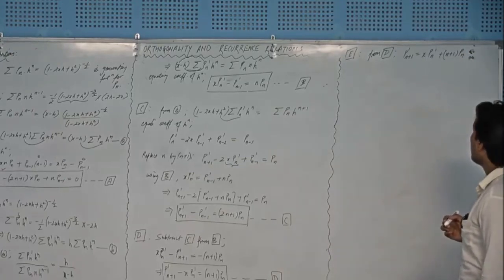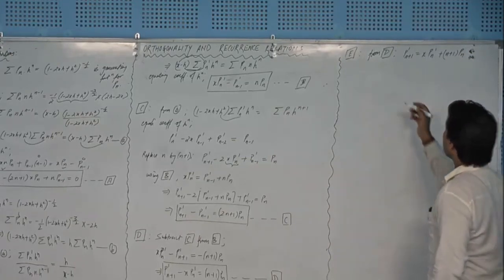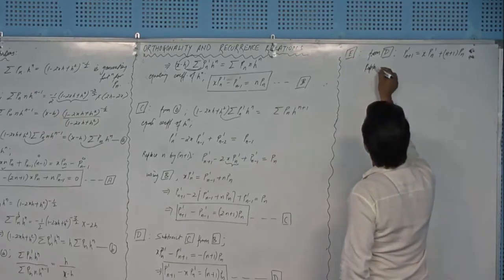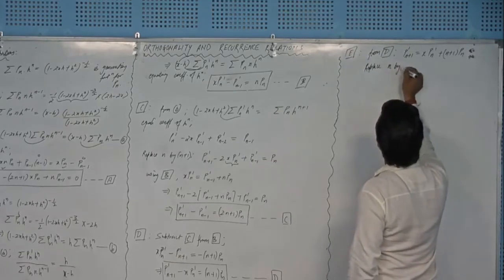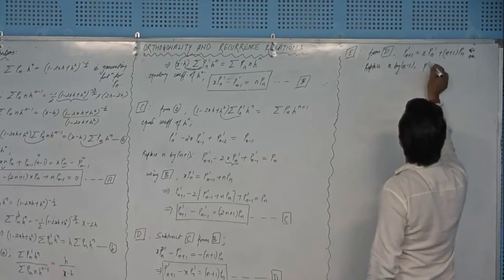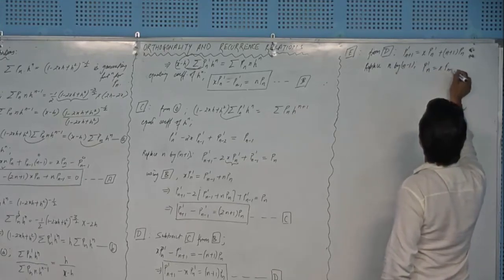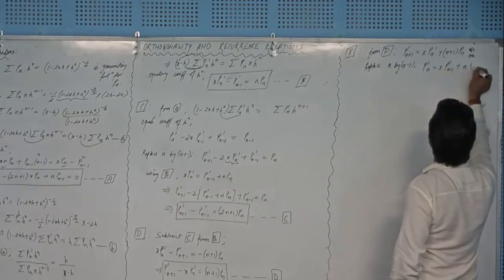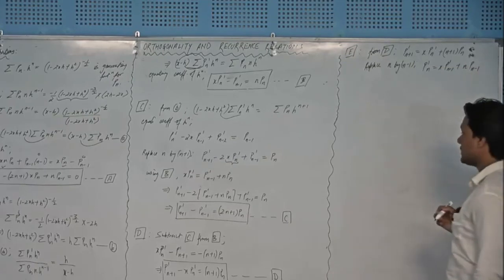And if you scale it down by 1, replacing n by n minus 1, that will produce Pn' = x P(n-1)' + n P(n-1), right?